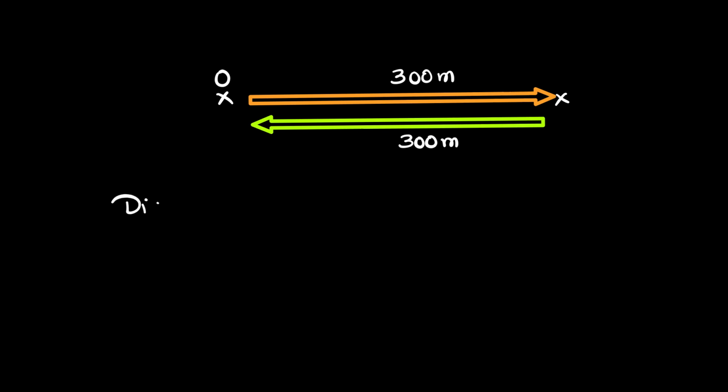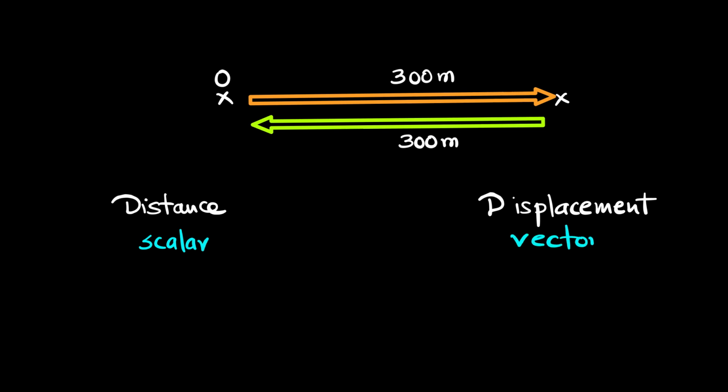Now there are two quantities that we talk about. The first one is distance. The second one is displacement. Distance is a scalar quantity. Displacement is a vector quantity. When we talk about distance, we will talk about the distance from O to this point.